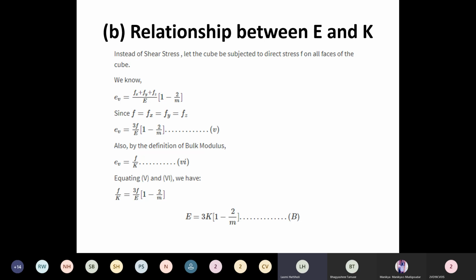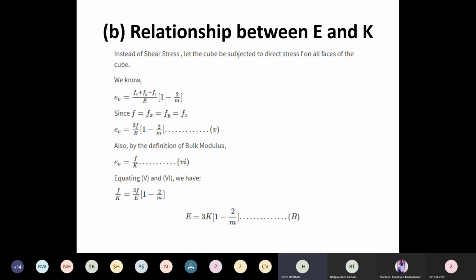So I can write EV is equal to, instead of writing sigma X, sigma Y, sigma Z, I have written Fx, Fy, Fz. If you feel to take sigma, you can always take. So Fx, Fy, Fz divided by E, and it is 1 minus 2 divided by M.